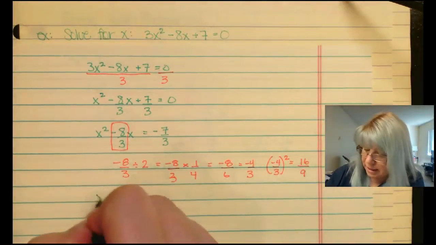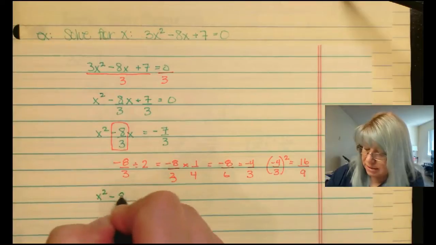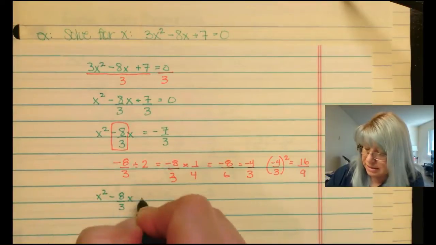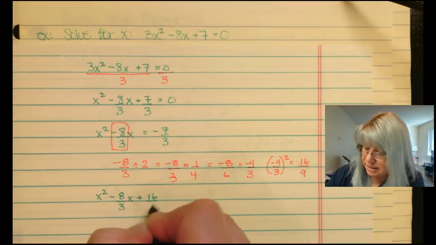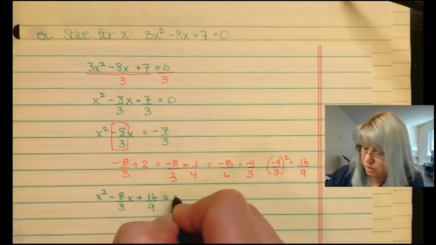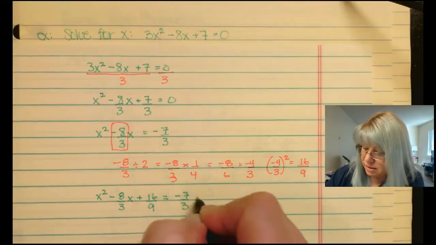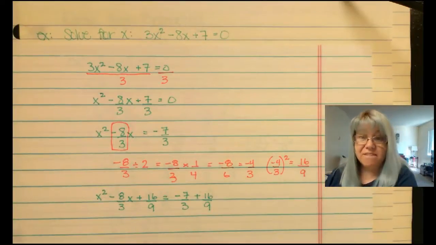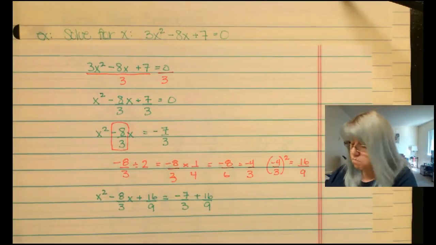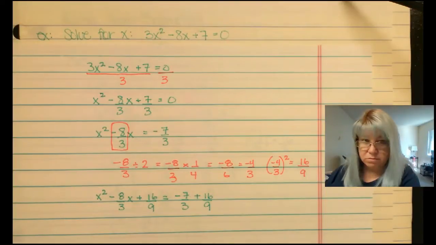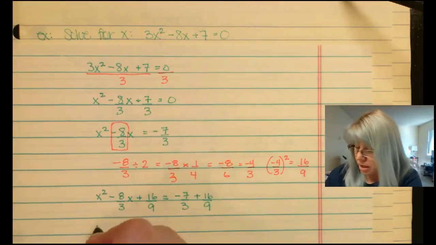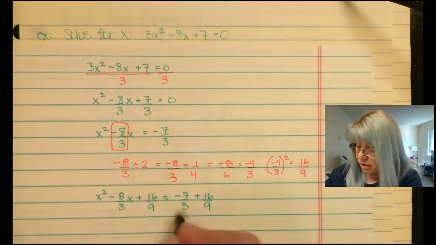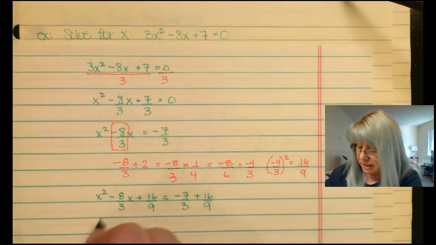Okay, x squared minus 8/3 x plus 16/9 will equal negative 7/3 plus 16/9. Very ugly, but numbers are still workable. All right. The left-hand side is a perfect square. I'll worry about this addition in just a second.